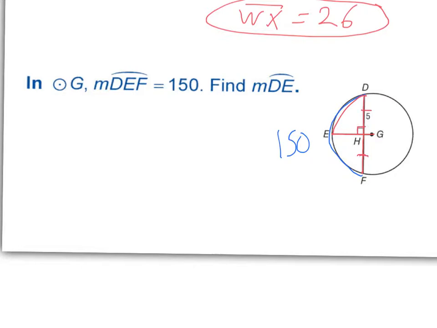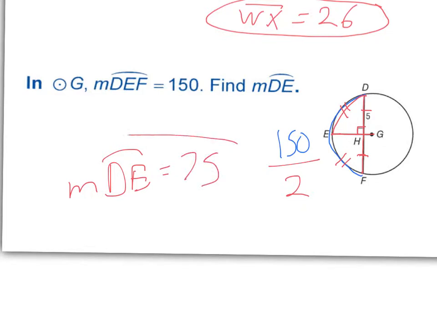And if the chord is bisected, the arc is also bisected, which means both of them added together equals 150. So we're going to divide 150 by 2 to find the measure of arc DE, which 150 divided by 2 is 75.